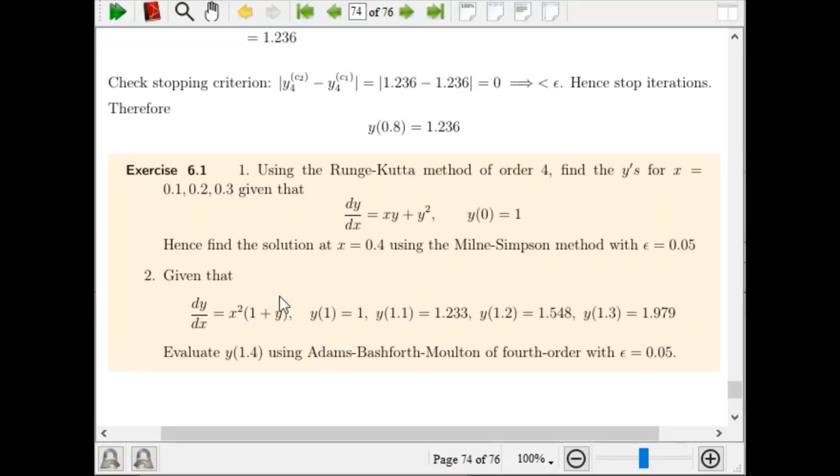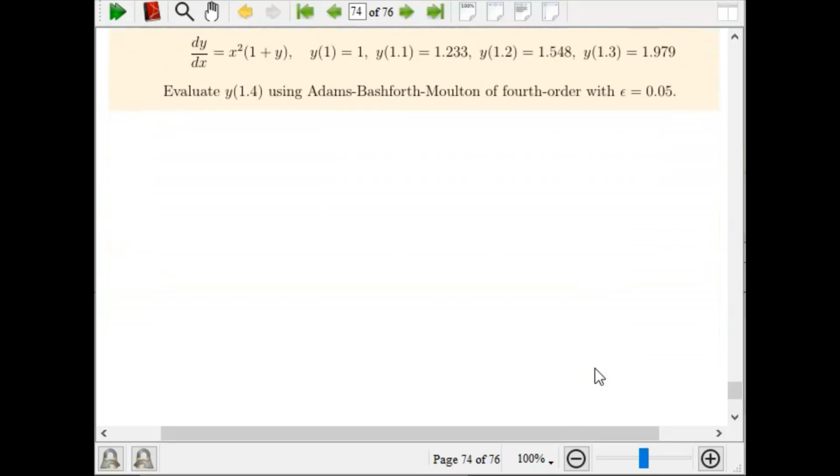This is a different question where the y values have been given, so you don't have to worry your head. Instead of computing this with single step methods, they have been given here, and you use the appropriate multi-step methods to continue. That is the Adams-Bashforth. You first use the Adams-Bashforth of fourth order to find that, and you correct with the Adams-Moulton of fourth order. It's so beautiful.